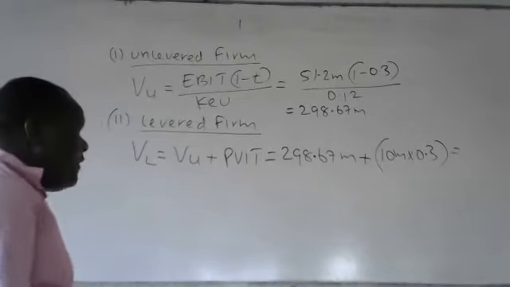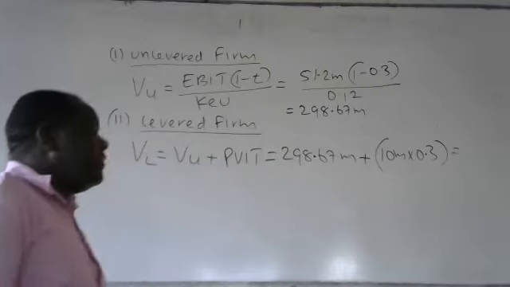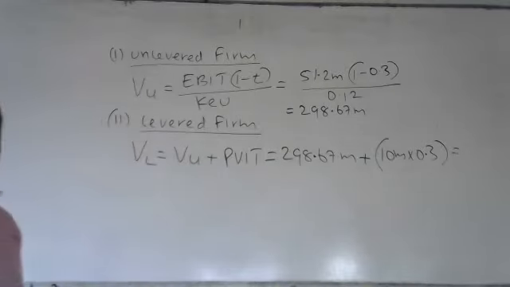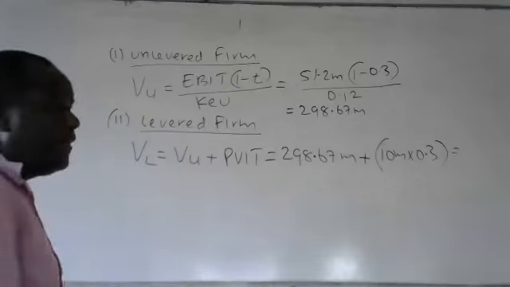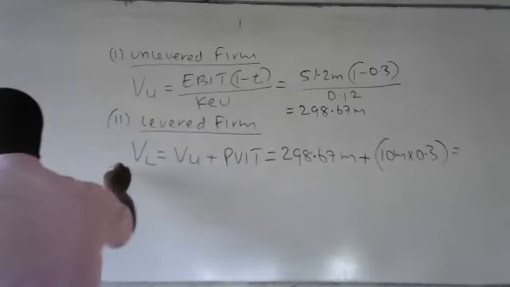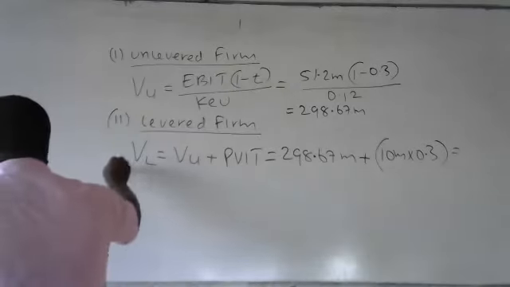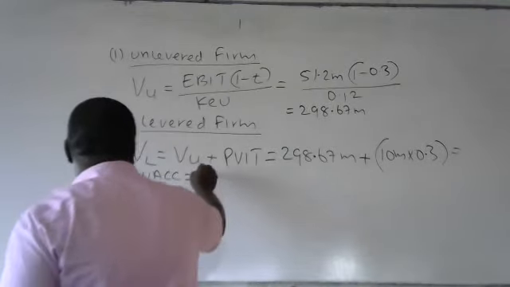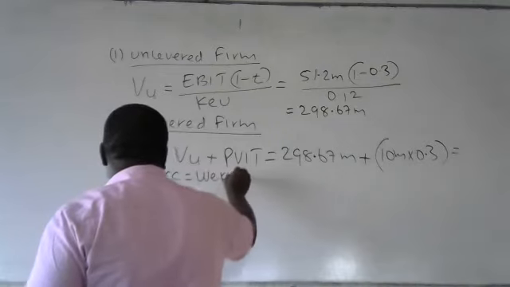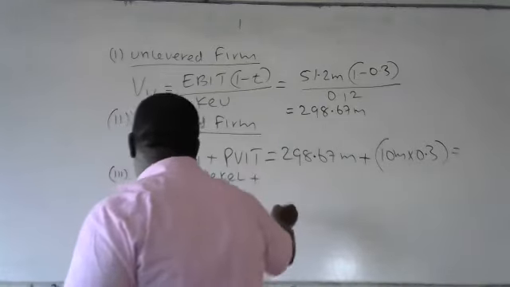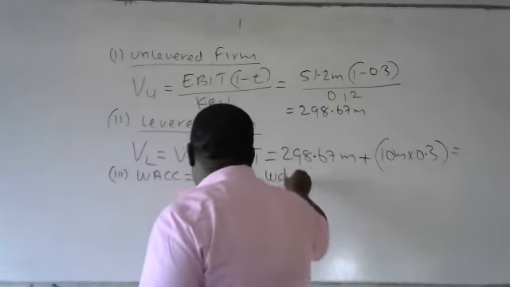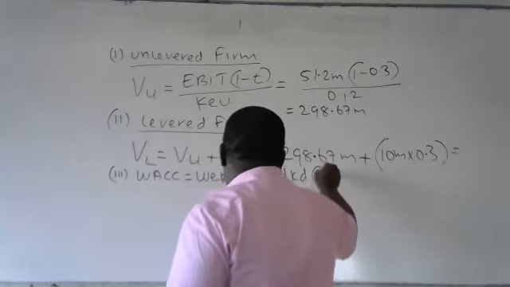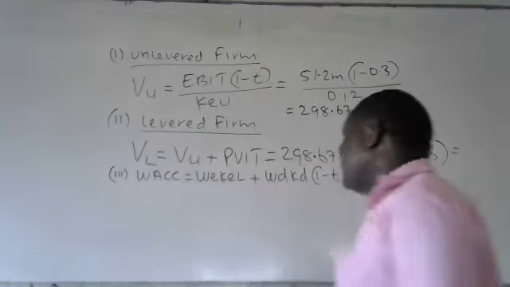Then we finally go to Roman letter 3. They were asking us to compute the WSC. It will simply be the weight of equity times the cost of equity for the levered farm, plus the weight of the debt times KD, which must always be after tax.